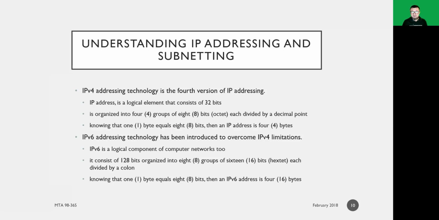Understanding the IP addressing and the subnetting. Very briefly, an IP address serves the computer by helping the computer to be identified on the computer network. IP addressing is a logical element that enables the computer to be identified in computer networking and communicate with the other peers or other hosts in that particular computer network, whether the local area network, metropolitan area network, or wide area network.